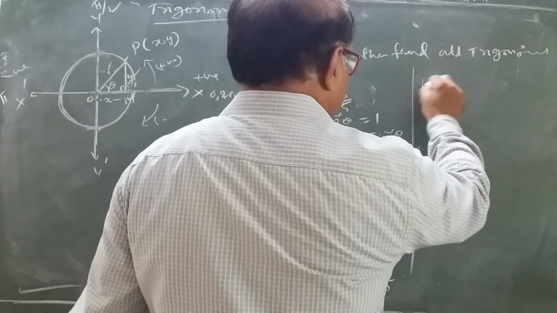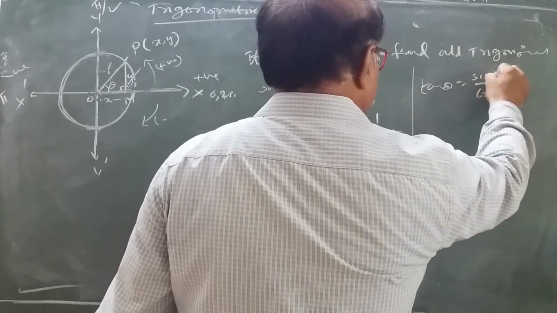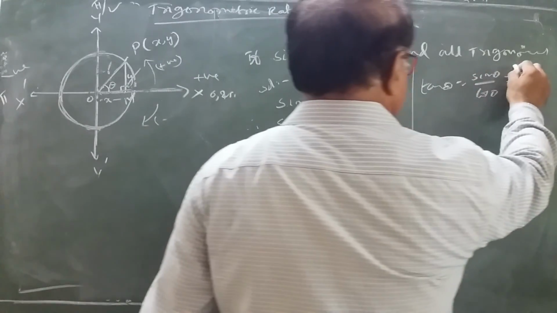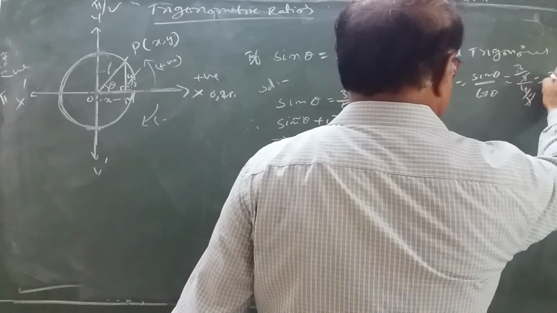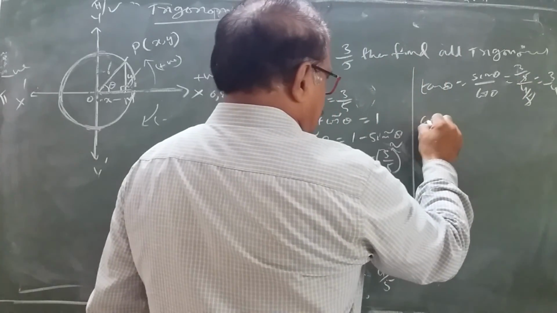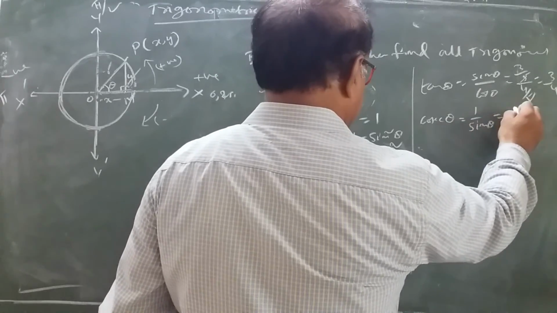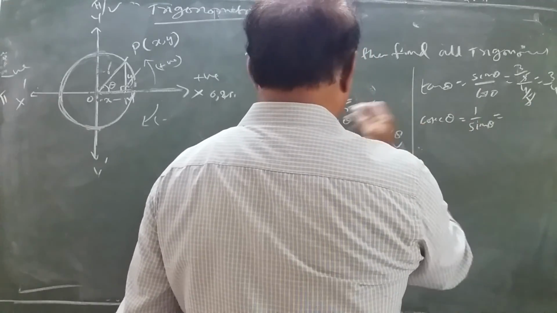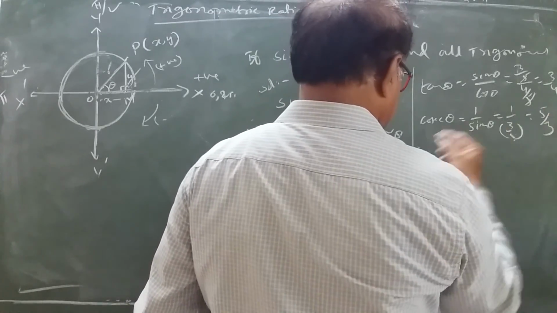Next, tan theta is equal to sin by cos theta. Sin theta is 3 by 5 by cos theta 4 by 5; 5 cancels, so 3 by 4. Cosecant theta is equal to 1 by sin theta, that is the reciprocal of sin, 1 by 3 by 5, which is 5 by 3.